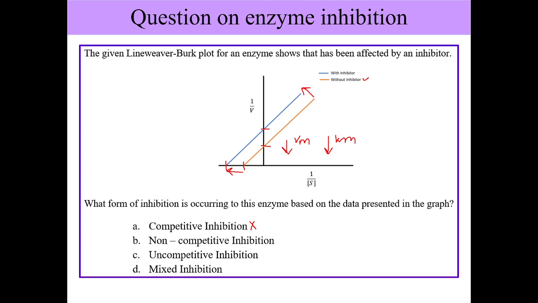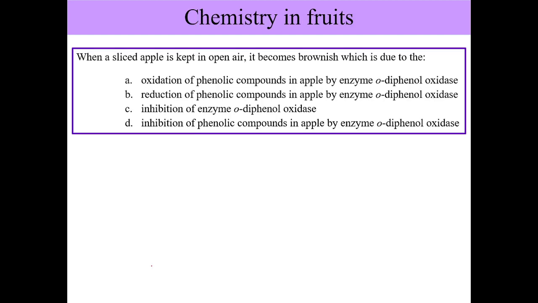But for uncompetitive inhibition, both of these are reduced, and therefore this is uncompetitive. For mixed inhibition also, this is going to be the case, and therefore the right answer here would be uncompetitive inhibition. Fine. So now we will talk about chemistry in fruits.